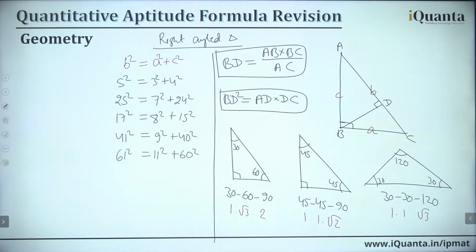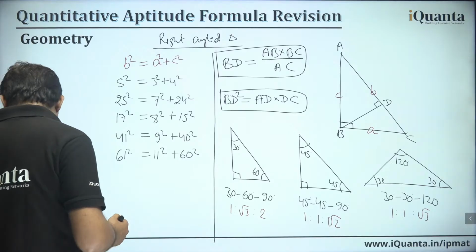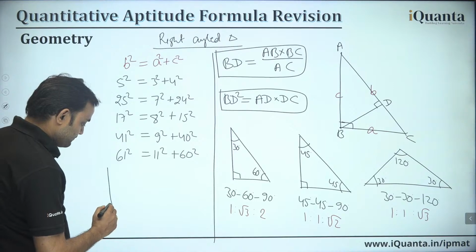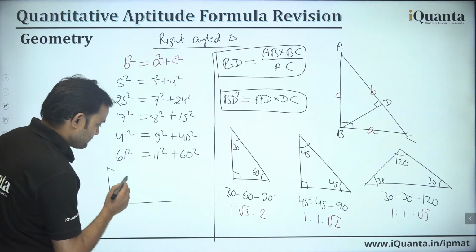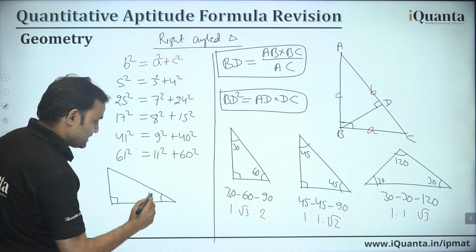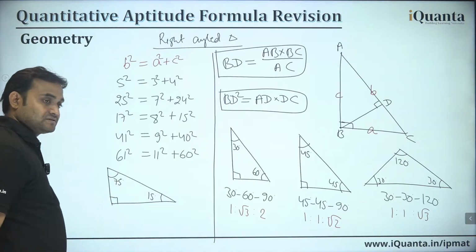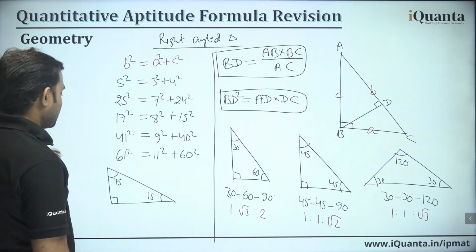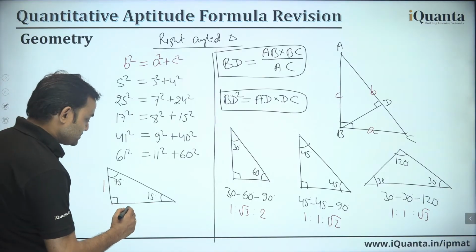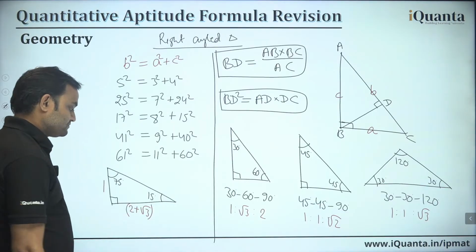Now apart from this, there is also one bonus triangle that I would like to tell you guys, which has 15 degree and 75 degree angles. Now if the side length opposite to 15 degrees is 1, then the side length opposite to 75 degrees will be 2 plus √3.